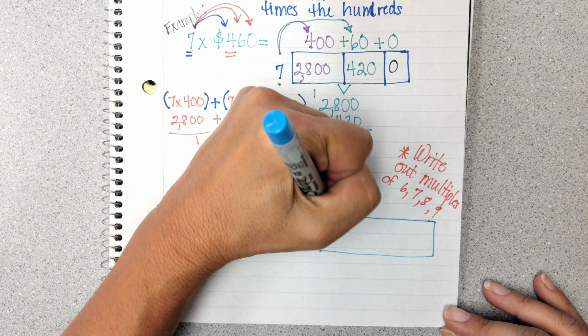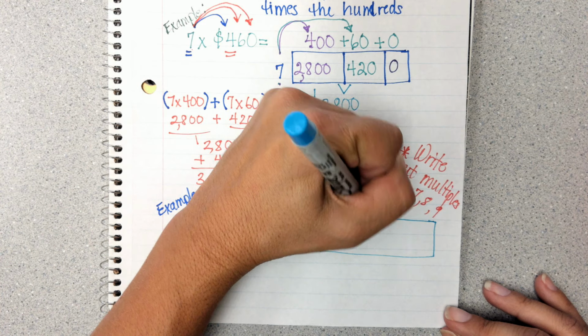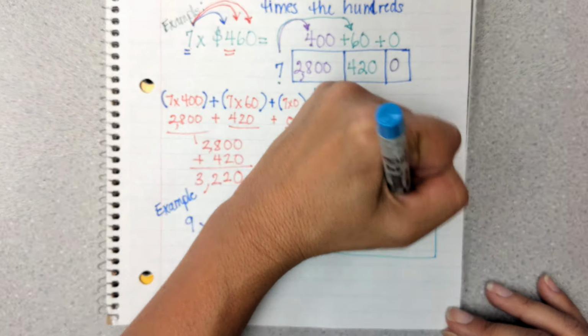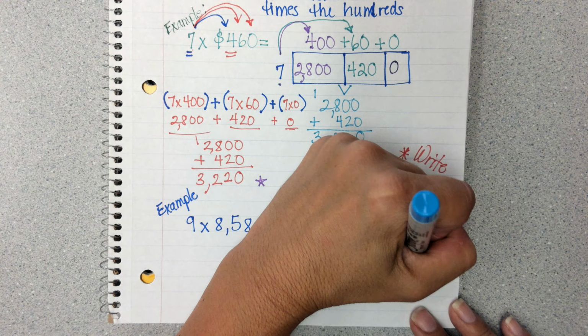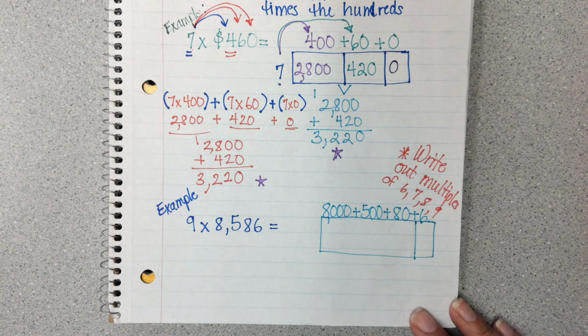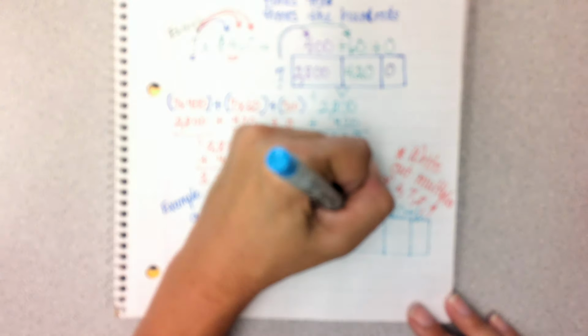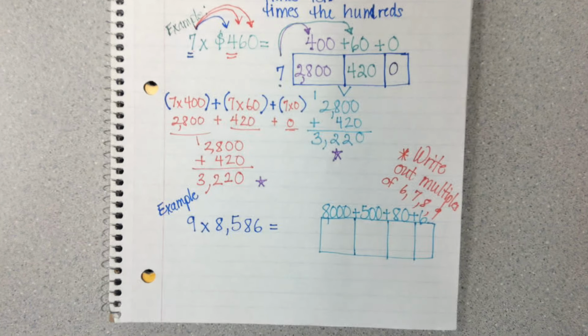So I've got 8,000 plus 500 plus 80 plus 6. Small space for the ones place, a little bit bigger space for my tens place, more room for my hundreds, and then I have my thousands box.